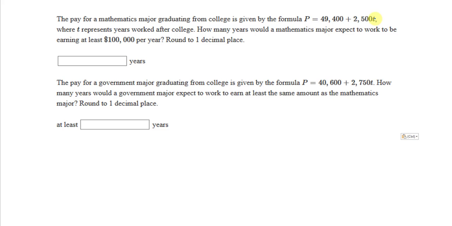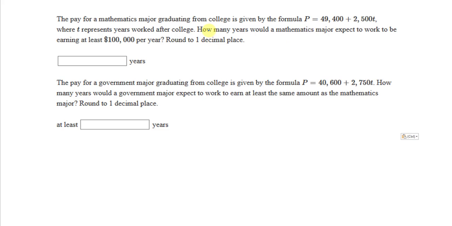So let's say at the year of 0, the first year, right after you just finished the degree, that means you don't have any T experience. It should be T of 0, 0 times that is 0, and then add 49,400. So it's equal to $49,400 for the first year, right after you finish the degree.